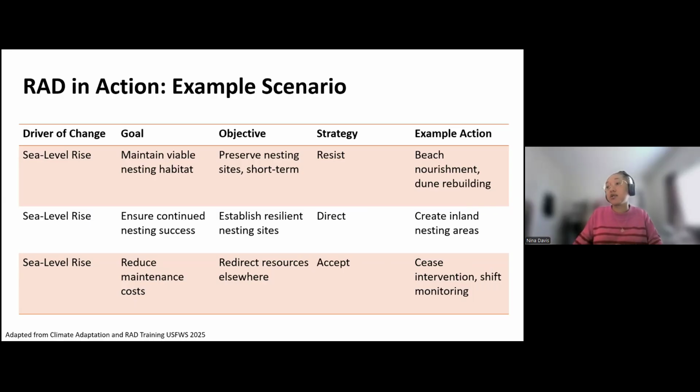And finally, under accept, the goal might shift to maintain regional nesting success instead of focusing on this specific island. So we might cease major intervention, monitor change, and redirect resources to other conservation areas. So the key takeaway here is that all three strategies connect back to the shared goal, sustaining nesting success. But the objectives and actions look different based on how we choose to manage change.